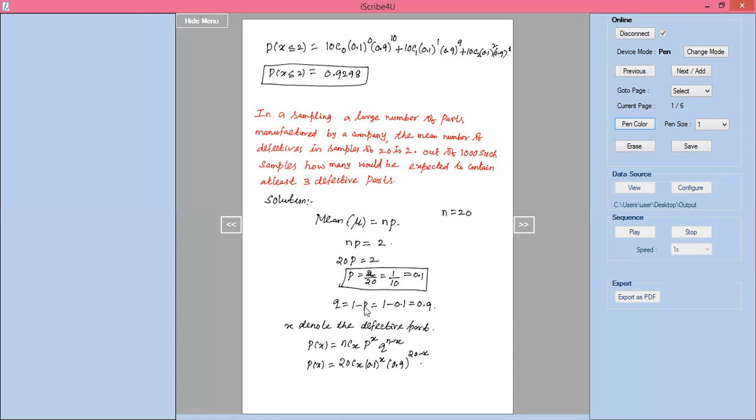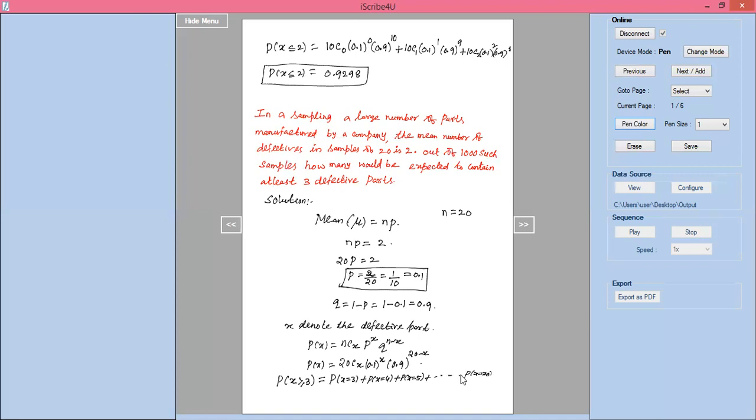Now if you simplify this, we need the probability of at least 3 defective. Probability of at least 3 means X is greater than or equal to 3. At least 3 are defective means probability of X greater than or equal to 3. Instead of that, you would have to find probability of X equal to 3, plus X equal to 4, plus X equal to 5, and so on up to X equal to 20.